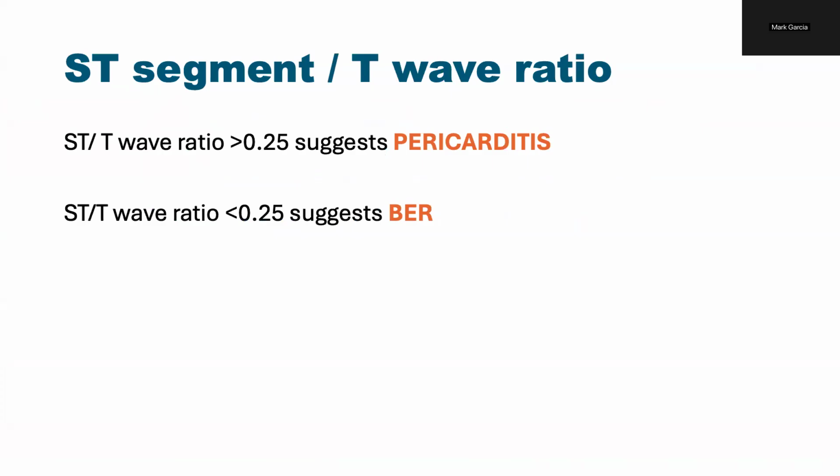If the height of the ST segment versus the height of the T wave is more than 0.25, then that suggests pericarditis. And if the height of the ST segment compared to the T wave is less than 0.25, then that suggests benign early repolarization. So let's look at that a bit closer.